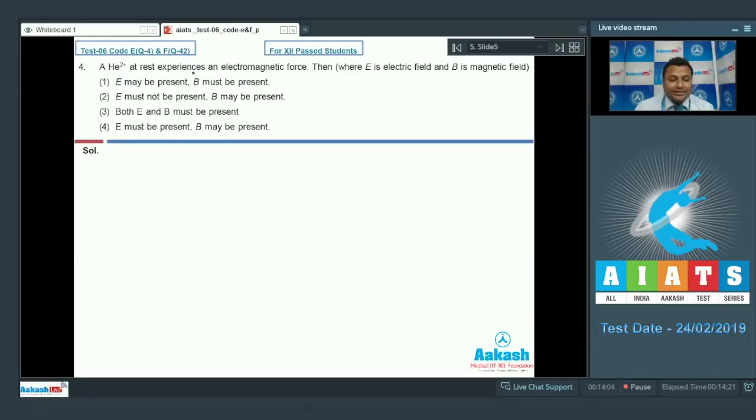A helium-2 plus at rest experiences an electromagnetic force. Then, given that E is the electric field and B is the magnetic field, there are 4 options and we have to pick the correct one. The question is talking about the presence of electric and magnetic fields. We know that the electric force F electric is given by charge into electric field.